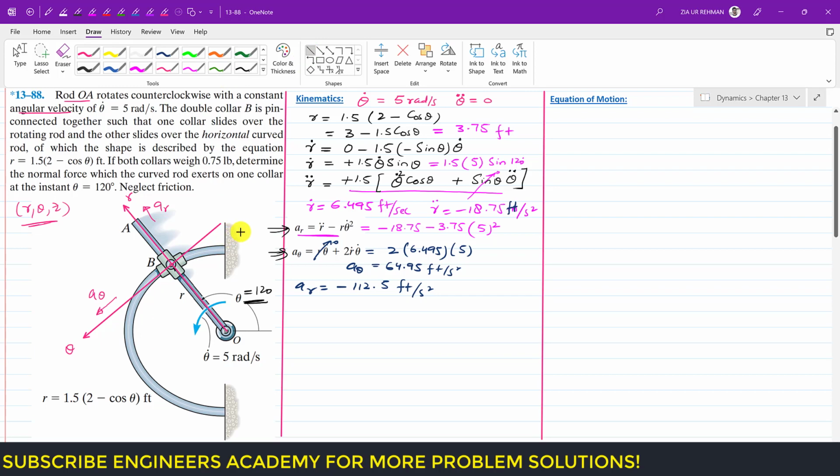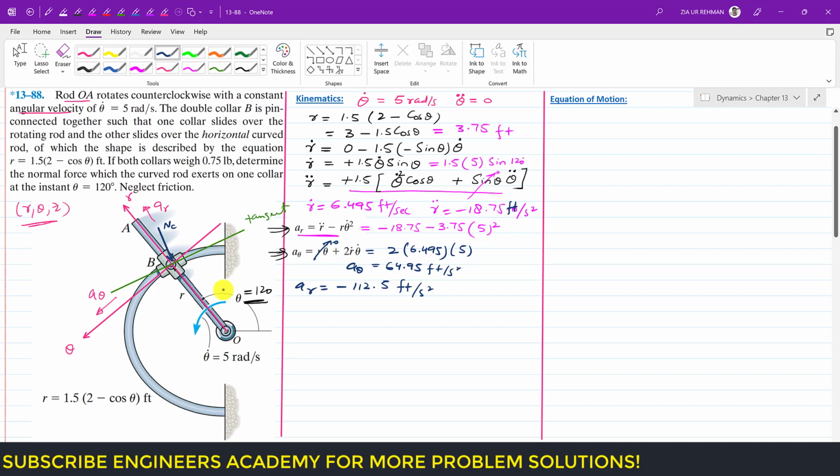This green line is the tangent line at this point to this curved arm. Let me write that this is the tangent. The normal force which this curved arm applies on this collar will always be perpendicular to this tangent line. Let's say that this is the normal force applied on the collar by the arm.